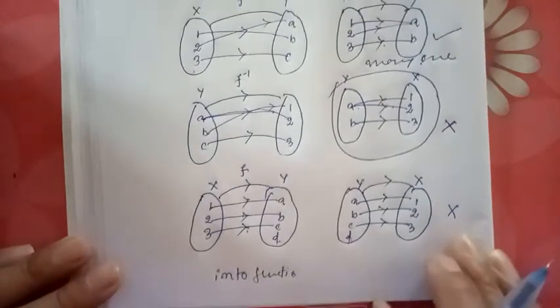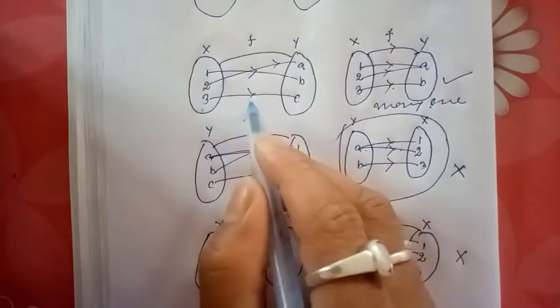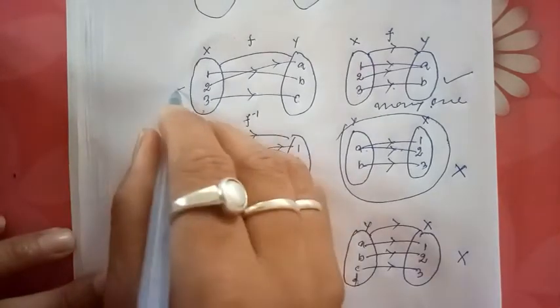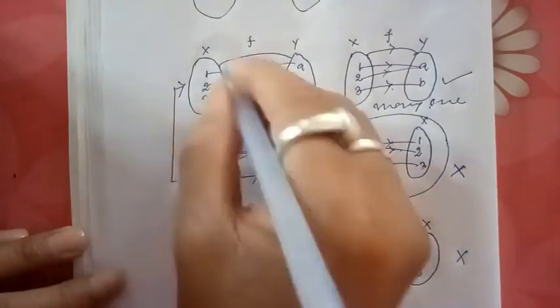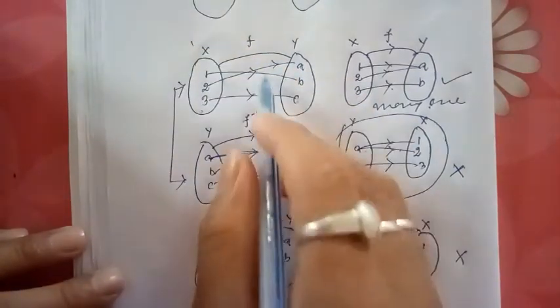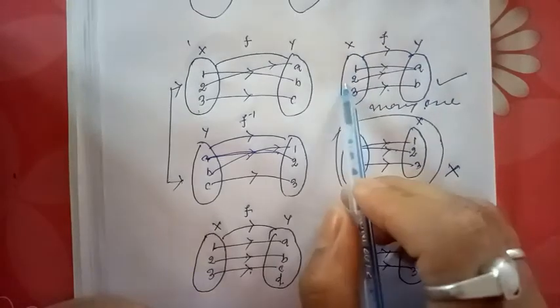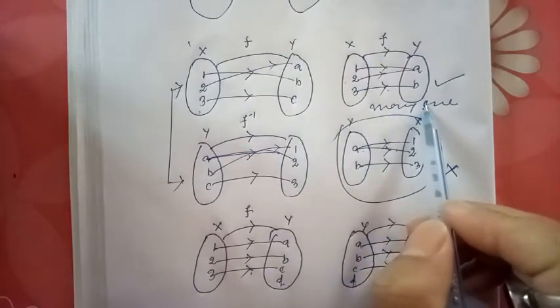Now once again, for having an inverse function we need both one-one and onto. These two are invertible functions, this is an invertible function and this is written like this. Now this is a many-one function, so it's not invertible.